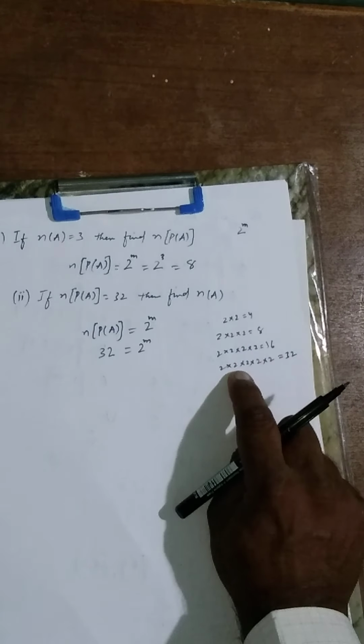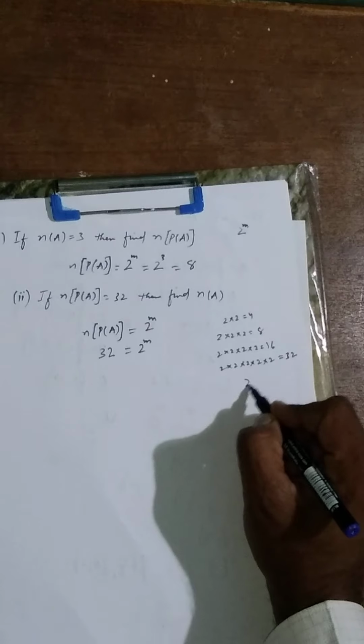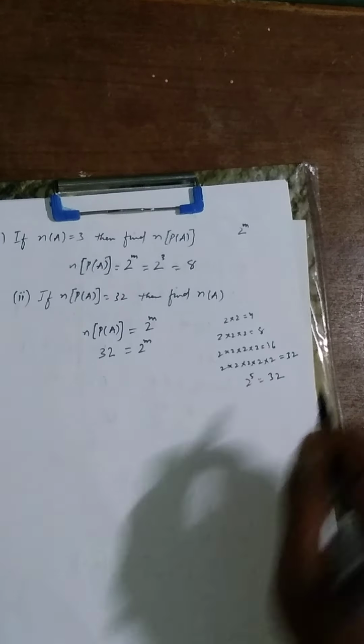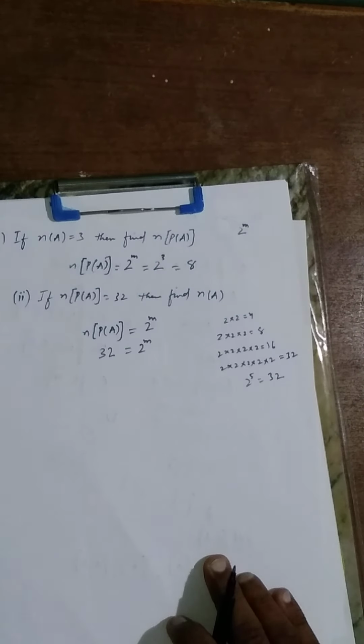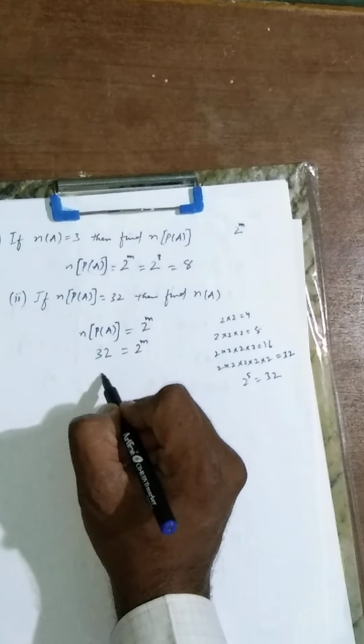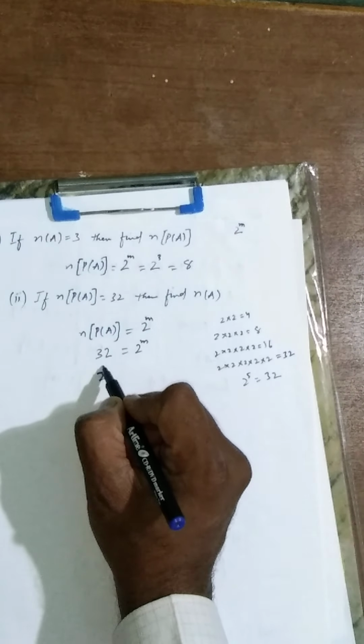So 1, 2, 3, 4, 5, 2 to the power of 5 gives 32. So 32 can be written as 2 to the power of 5.